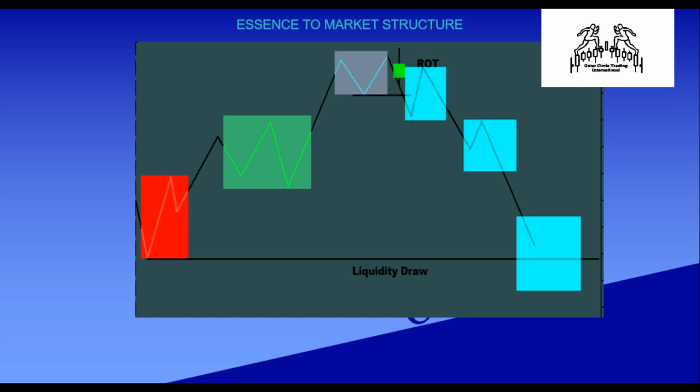If you understand a break in structure, you will be able to know what is the current trend, where the market is going currently. And you see that by a violation of highs and lows. If highs are being constantly taken out, you know that you are in a bullish environment. And if lows are taken out, you know that you are in a bearish environment. That's what you want to see.